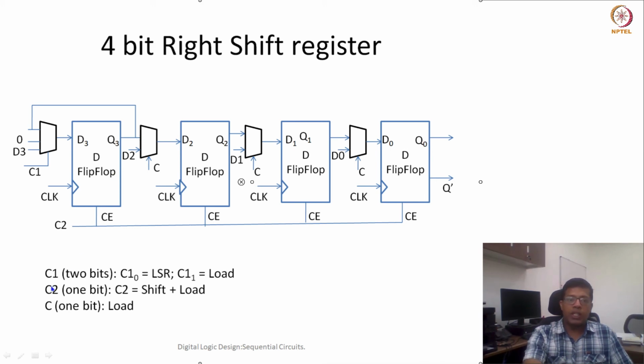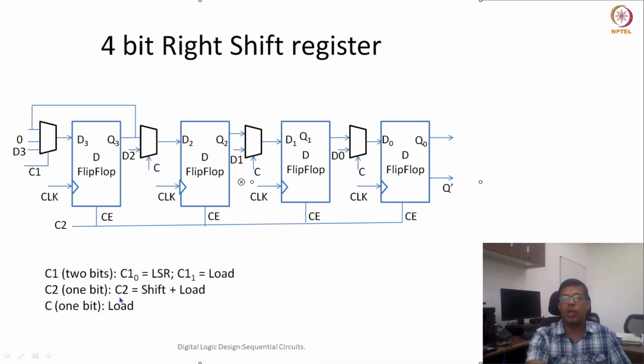Similarly, this C2 control, the clock enable, would be 1 if we would like to either load or shift. In either of these cases, this clock enable has to be 1. Otherwise there is no clock enable, so my register value would remain as such. Now all of these C signals, which decide whether to take input from the previous flip-flop or D2, would be decided by this control signal.